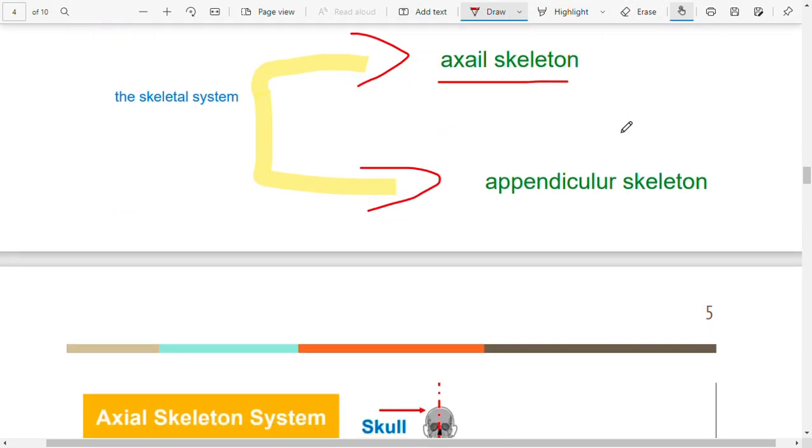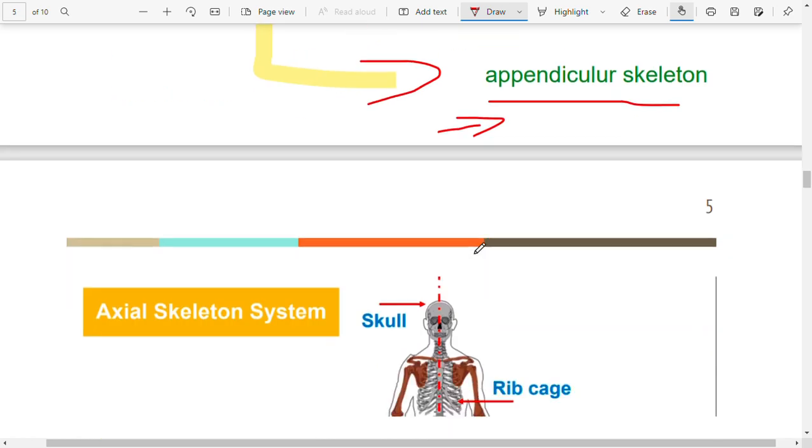They come under the appendicular skeleton. We are going to learn about this afterwards. First, we are going to cover the axial skeleton, then we will move to the appendicular skeleton.